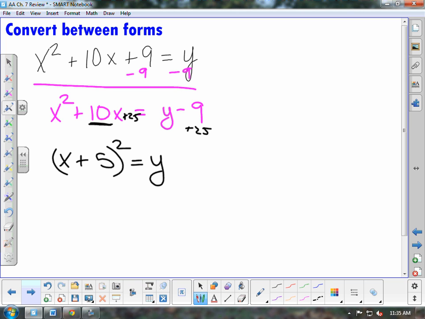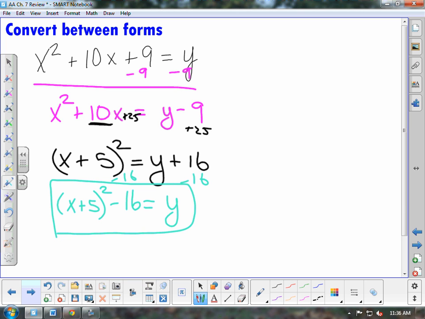And so you get y plus 16. And then getting y by itself by subtracting 16, you'll have x plus 5 squared minus 16. And this then is vertex form.